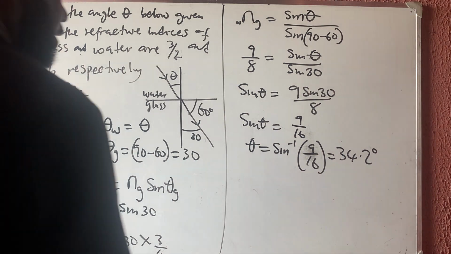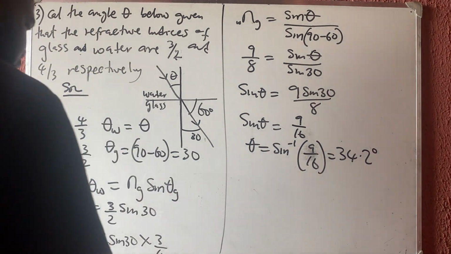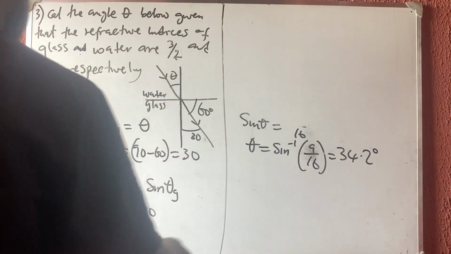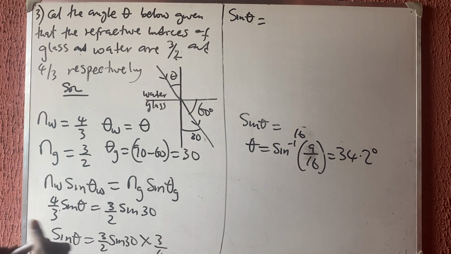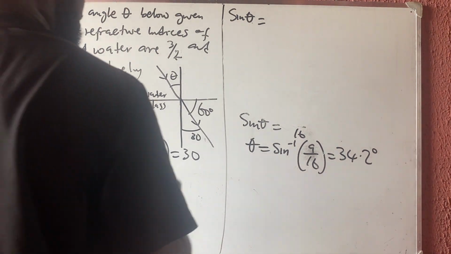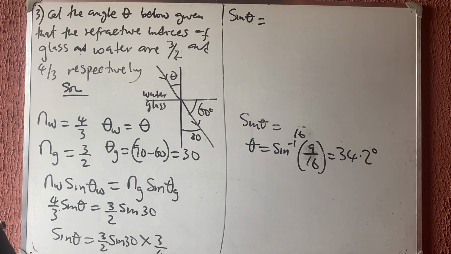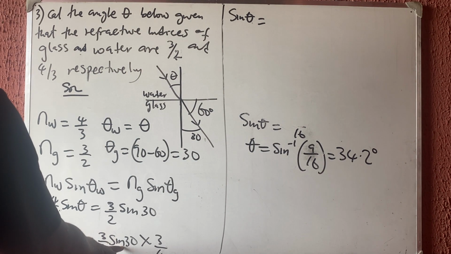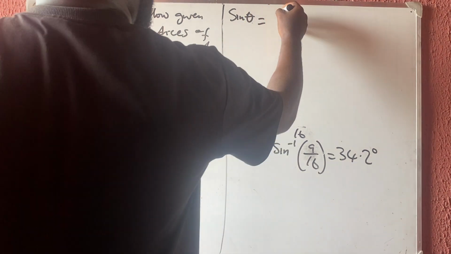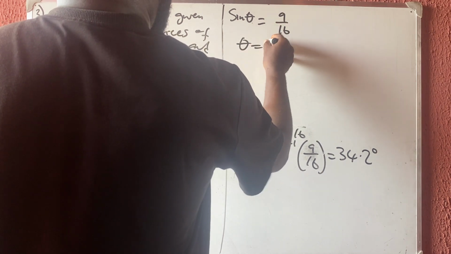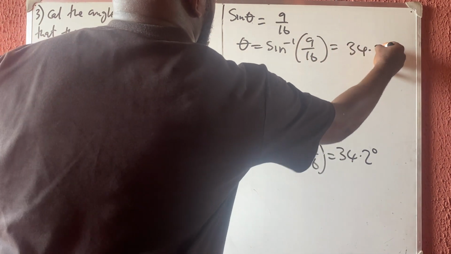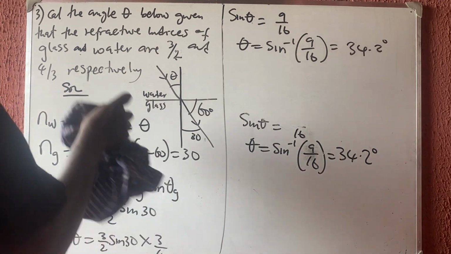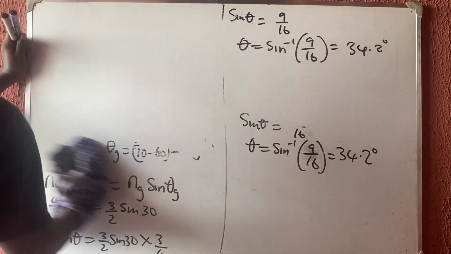Sine 30 is 1 over 2, so 3 over 4 times 1 over 2 times 3 over 4 gives 9 over 16. So my theta is sine inverse of 9 over 16, which is 34.2. You see, any method you like, use. It's very, very simple to solve. So we'll move to the next question.